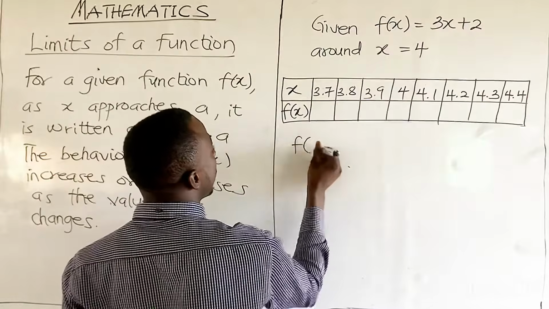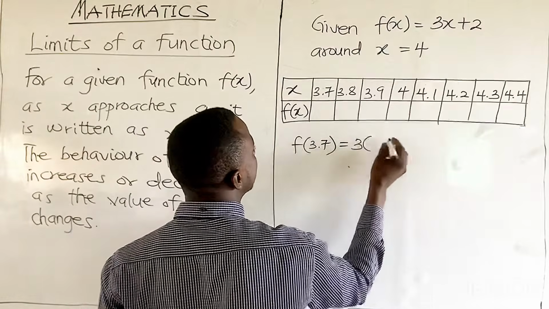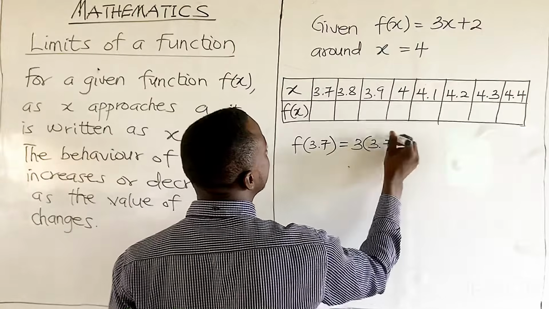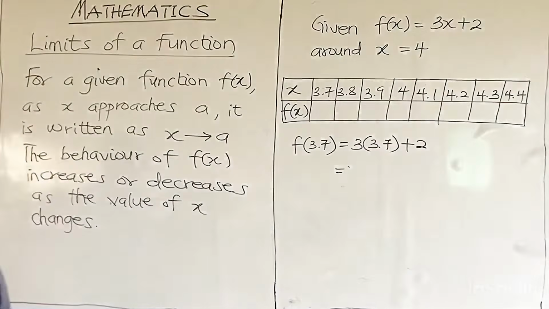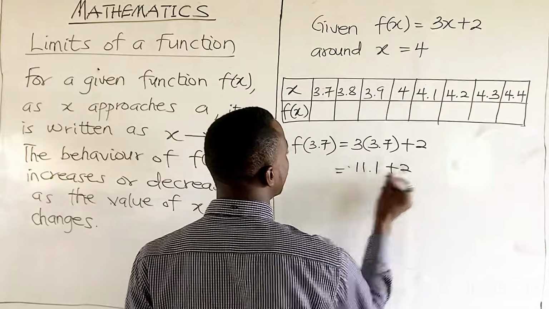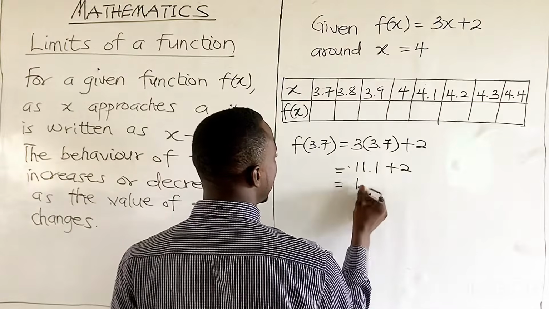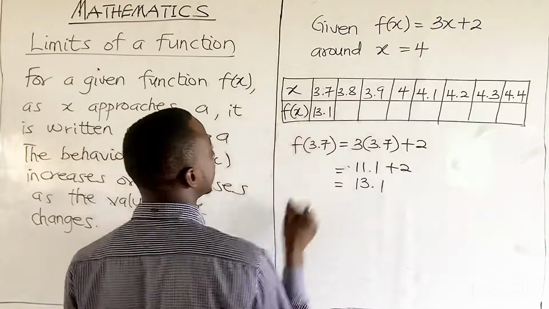For f of 3.7, we have 3 multiplying 3.7 plus 2. When 3 multiplies 3.7, we have 11.1. So 11.1 plus 2 gives us 13.1.